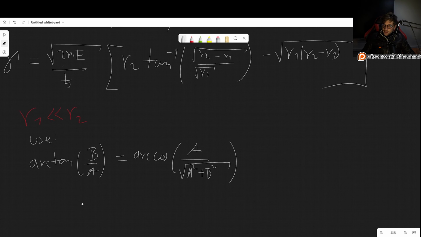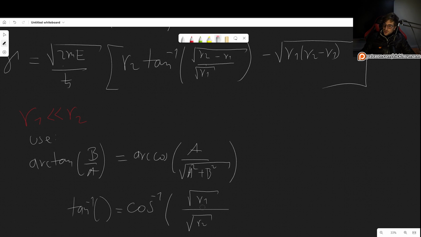So by doing that, we get that our tangent is going to be the same as cosine to the minus 1, the arc cosine of a, which is square root of r1, divided by the square root of a squared, which is r1, plus the b squared, which is r2 minus r1. So as you can see, the r1s cancel out, and we are left with r2.